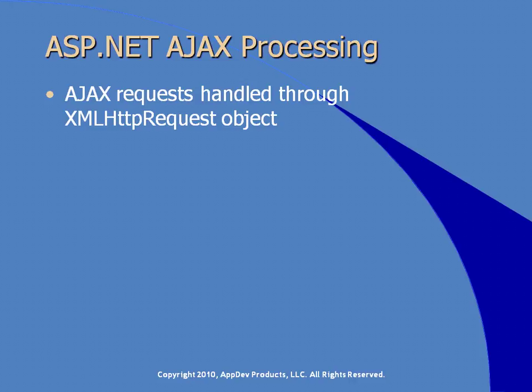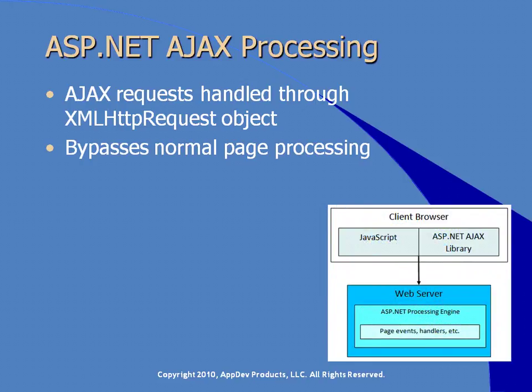Instead, the request occurs using client-side JavaScript, along with perhaps the Microsoft AJAX library that supports this kind of programming, that the server sends to the browser with the initial load of an AJAX-enabled web page. To some extent, this bypasses normal page processing.